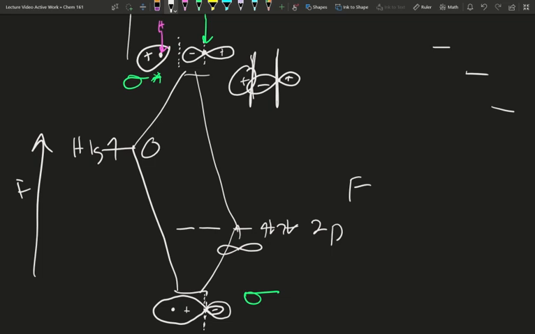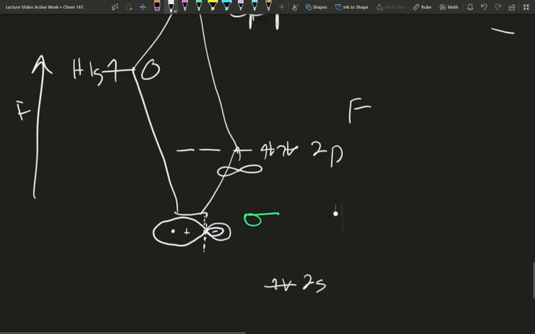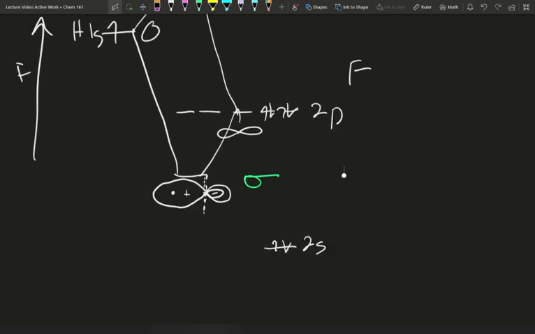As I go to fill electrons, I had my 2s, it didn't change because nothing meaningful happened. So 2 of my 7 electrons go there. Well, there's 2, 3, 4, 5, 6, 7, and the 8th comes from the hydrogen. And so it looks like this.